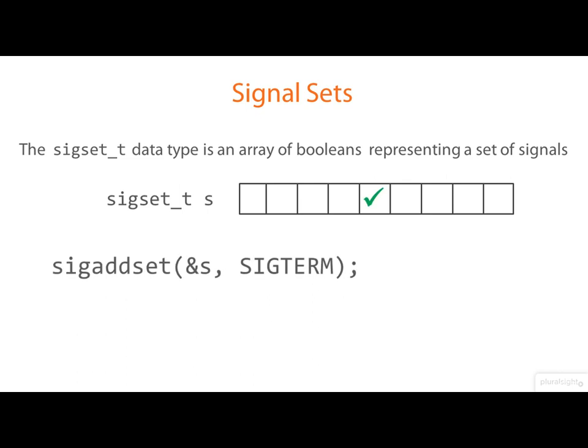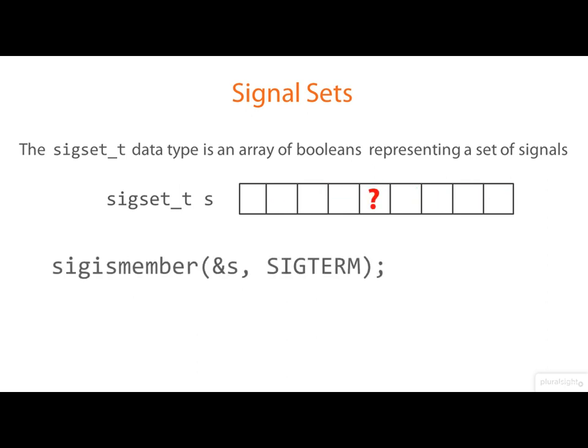You can use sigaddset to set the bit corresponding to one specified signal. So here we've called it twice to set two signals into the set. We can use sigdelset to remove a signal from the set, and sigfillset to set them all.